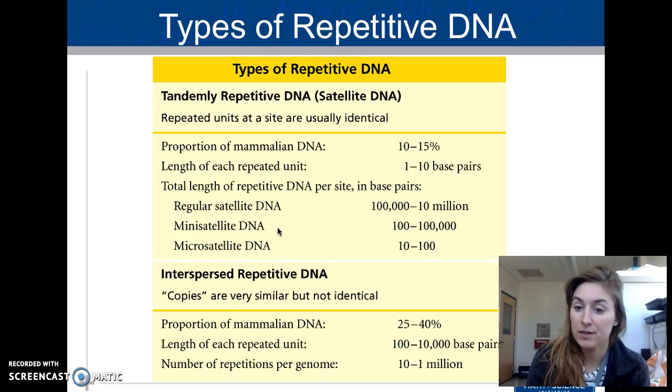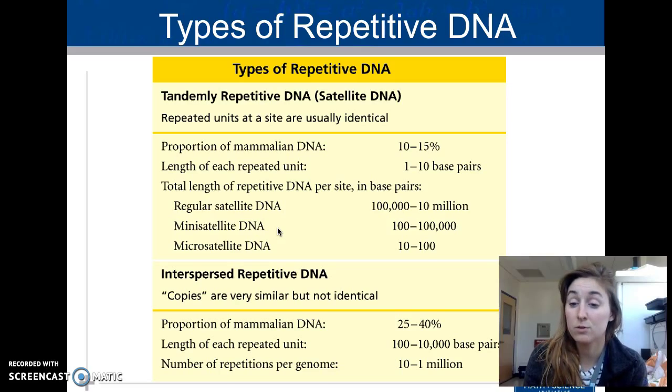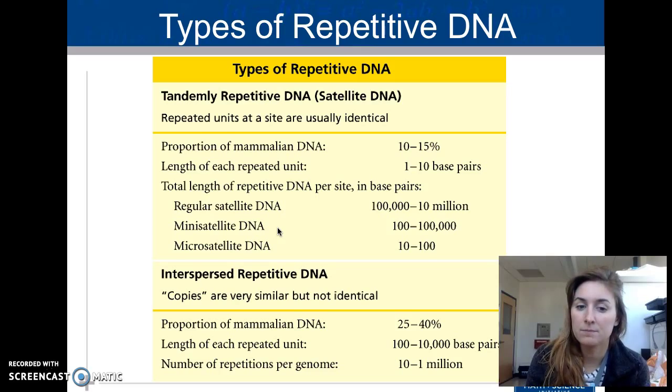They're not coding for anything, they're just repetitive. Out of our mammal DNA, 10 to 15% is just repetitive portions. That can be sequences of letters that don't code for anything, they just take up space.